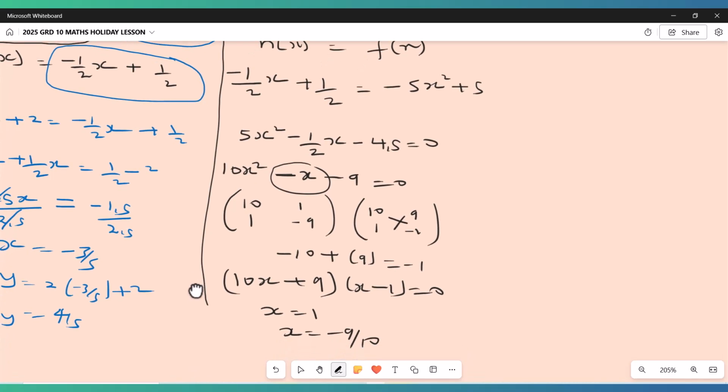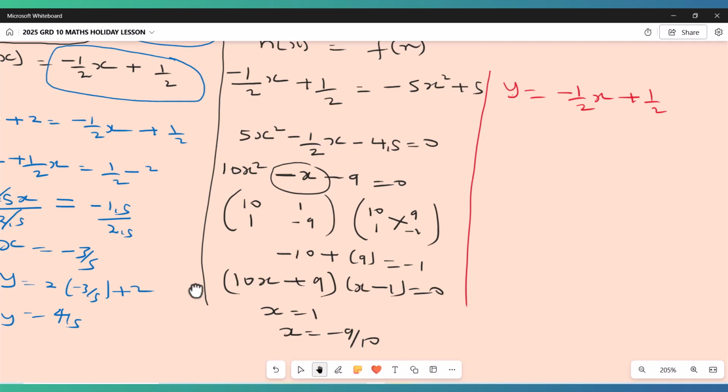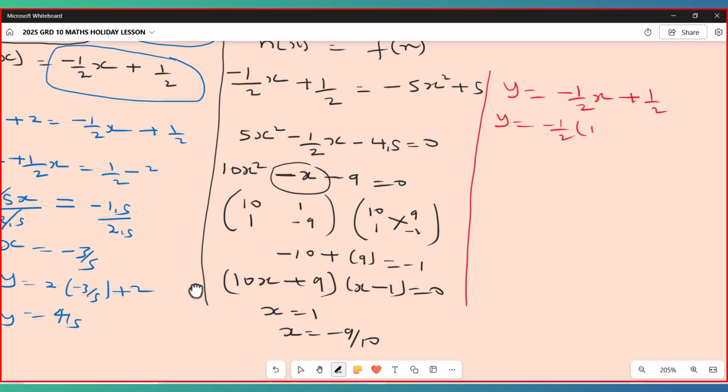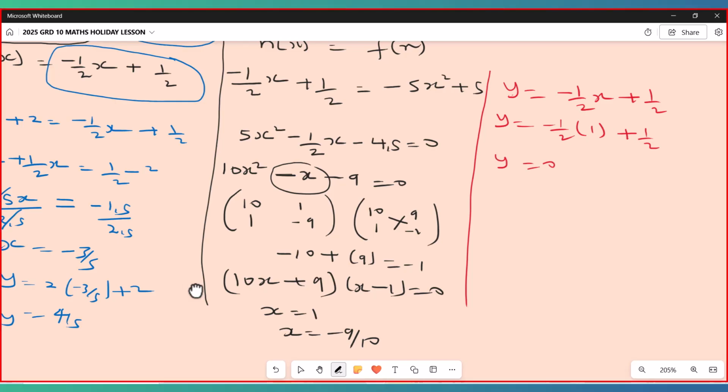So my first y value is going to be, remember, y equals negative a half for h of x, then plus 1 over 2. So I'm going to say my y equals negative 1 times 1 plus 1 over 2. Therefore, my y equals 0.